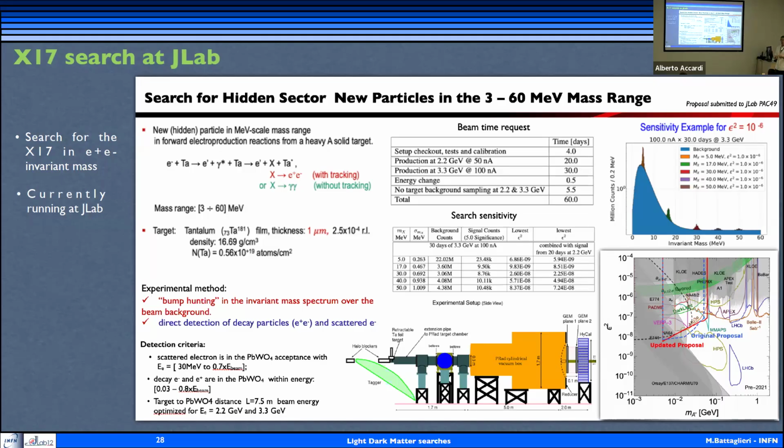You shoot your electron beam, in this case on a tantalum thin target, not tungsten, and then you produce e+ e-. You have pairs of multi-wire drift chambers or GEMs to measure the angle. You have a small spectrometer and then a calorimeter, so you can measure the momentum of your e+ e- pairs, and then you can infer the mass from the combination of the two.